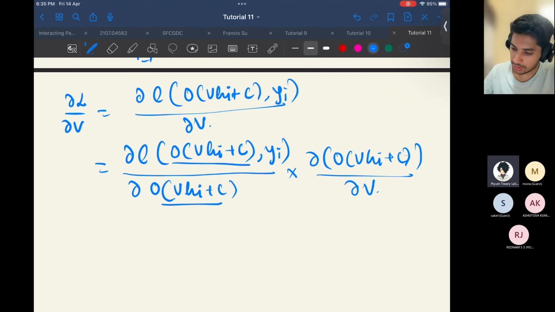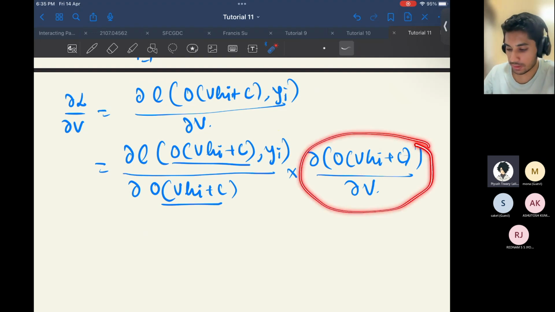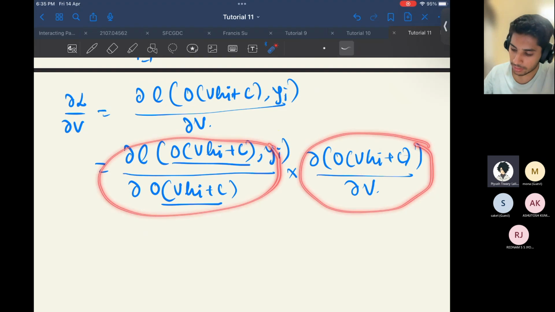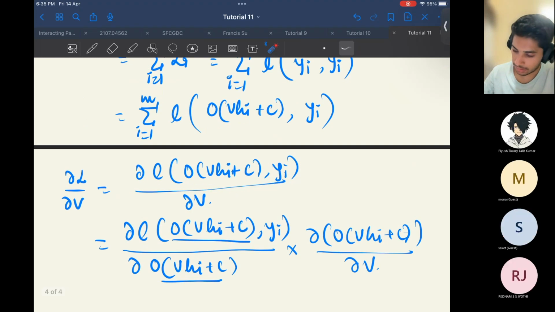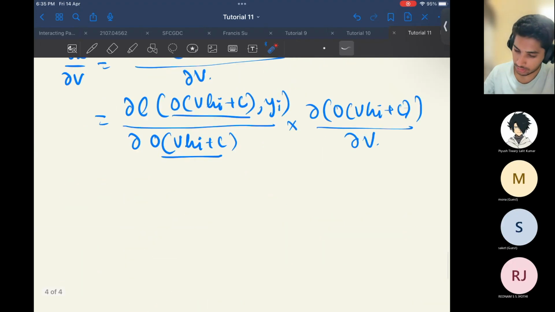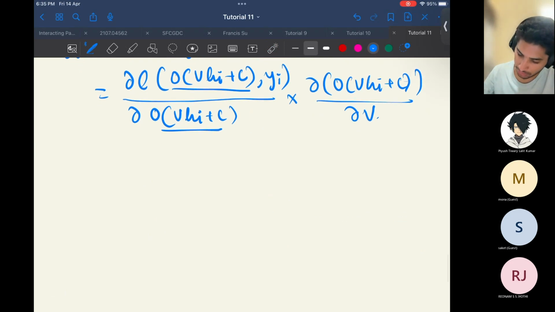Now you can see that O is known to me. It will be something like a logistic function, or it can be softmax or something like that. So I can always calculate this, and this is also computable because the loss function is known to me, because I have designed that loss function. So both of these terms are computable. There is no worry.